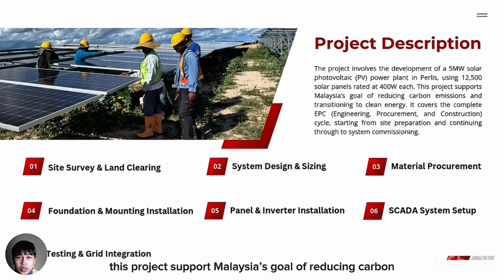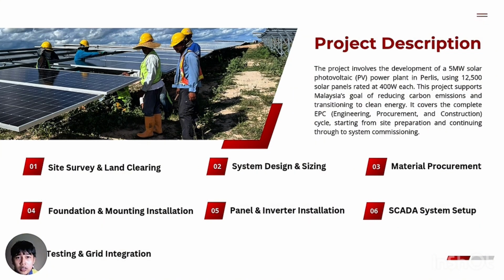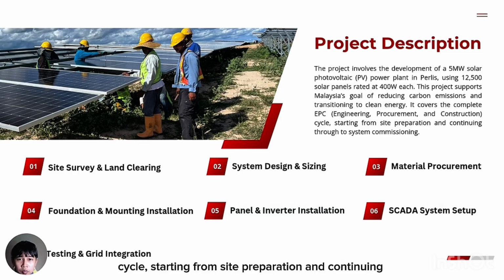This project supports Malaysia's goal of reducing carbon emission and transitioning to clean energy. It covers the complete EPC, engineering, procurement, and construction cycle, starting from site preparation and continuing through to system commissioning.